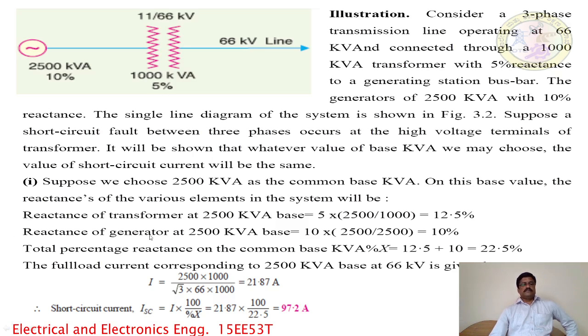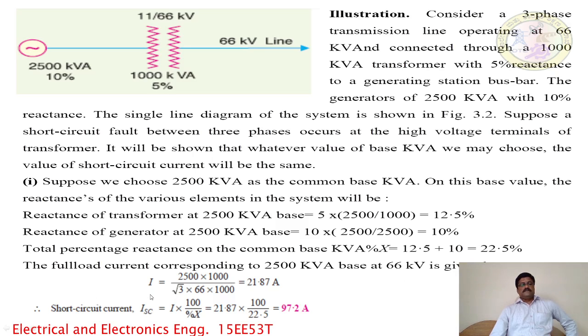Similarly, the reactance of the generator at 2500 kVA base is 10%. So the total percentage reactance on the common base kVA of the given power system is 12.5 plus 10, equal to 22.5.